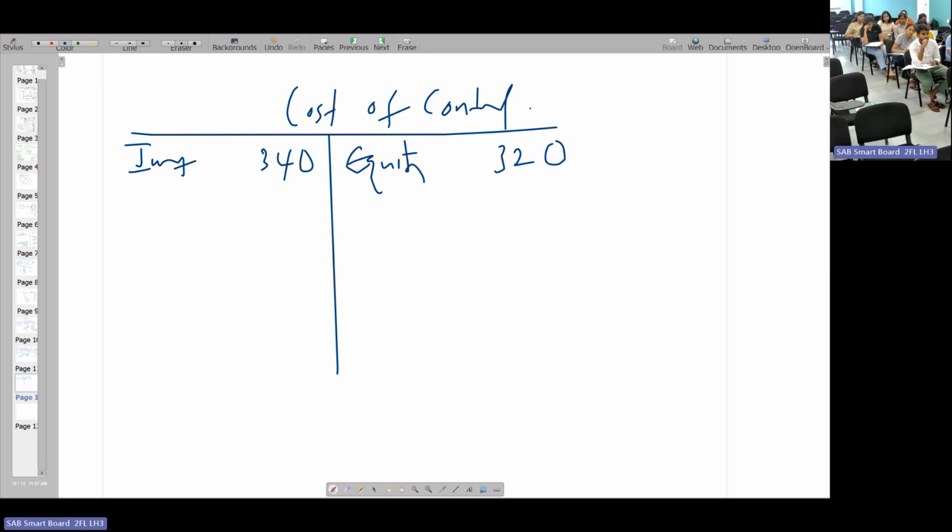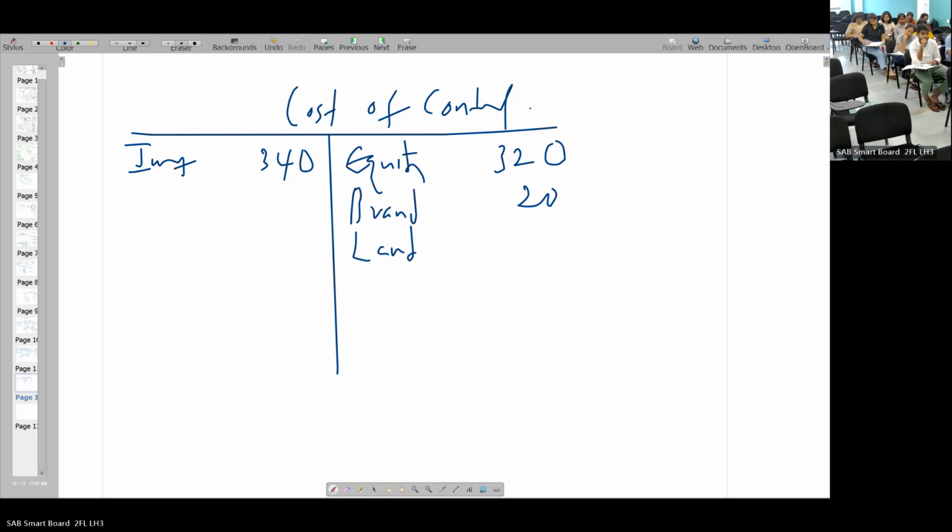Then the brand recognized here, 20. Double entry. Everyone. Brand debit, cost of control credit, 20. Brand debit 20. That should appear in the consolidated statement of financial position.